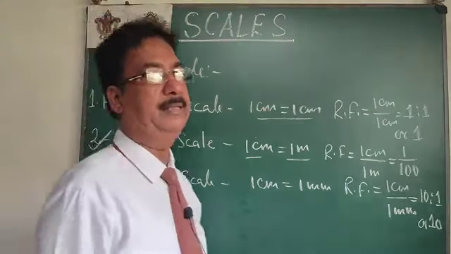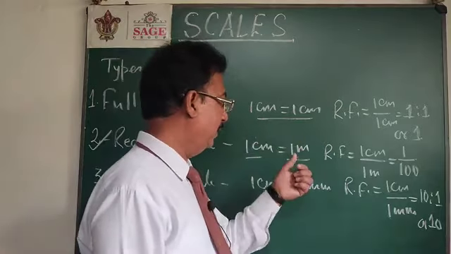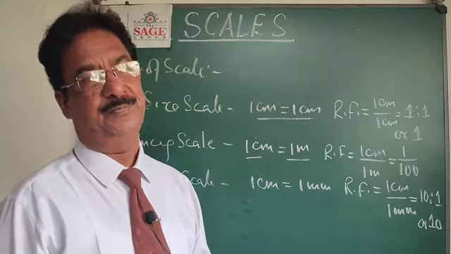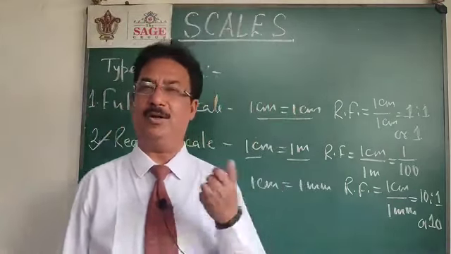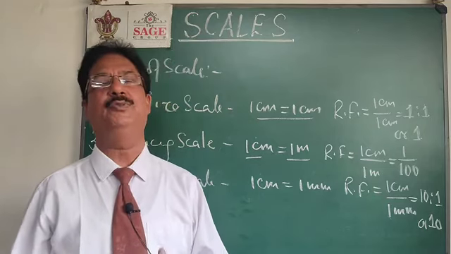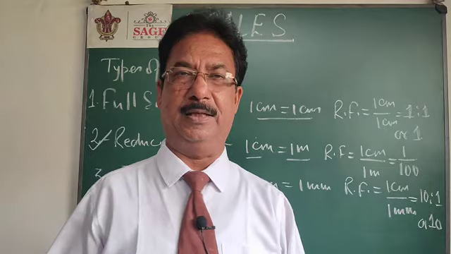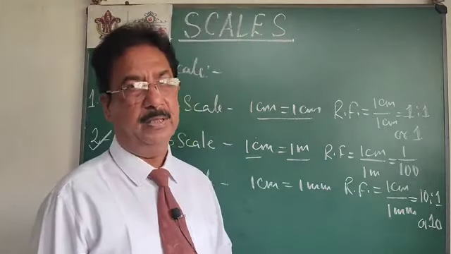But mechanical engineers can use full size scale, reducing scale, as well as enlarging scale. For electronic components, again it is not possible to draw at actual size. So we enlarge those objects and use an enlarging scale. So for full size scale, RF will be 1.